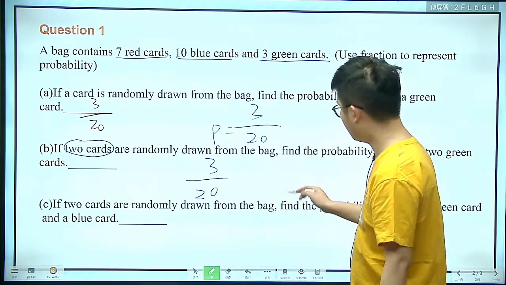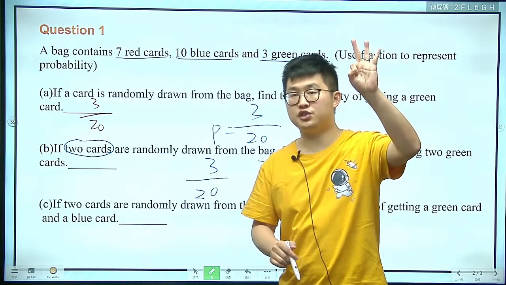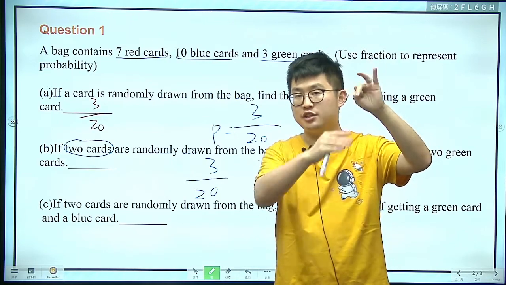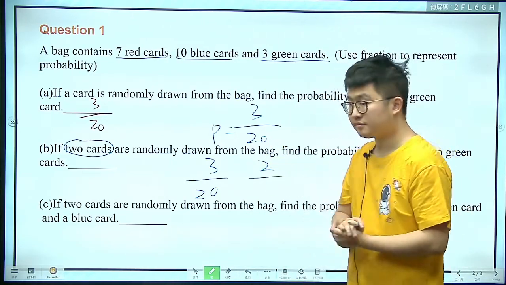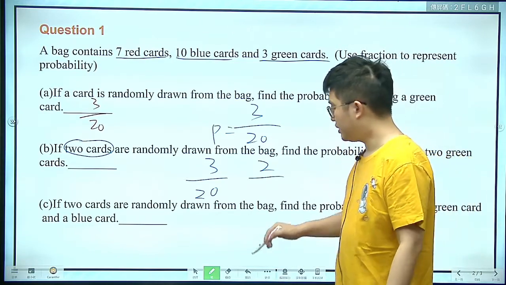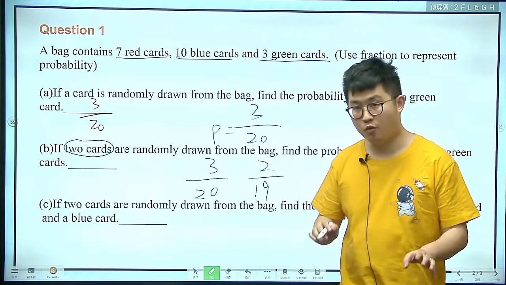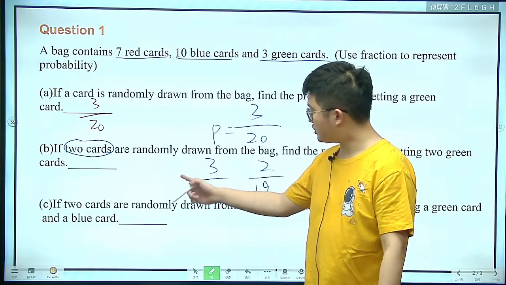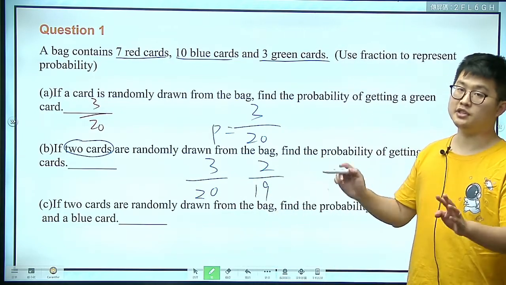There are 2 left, because there were 3 green cards and we drew one of them. So there are only 2 cards remaining. How many cards in total? Same reason, only 19, because there were 20 cards and we drew one of them out. So this is the probability for the first step, and this is the probability for the second step.